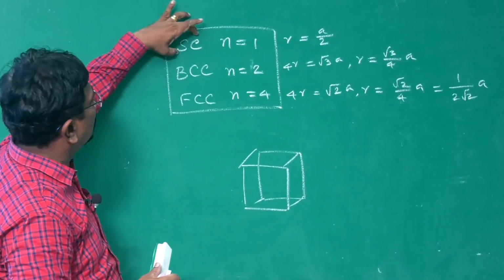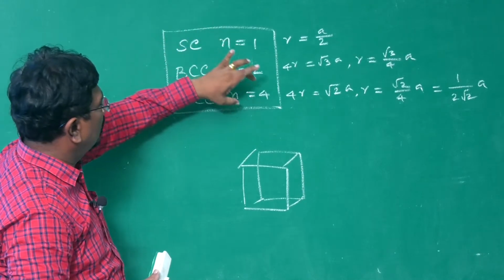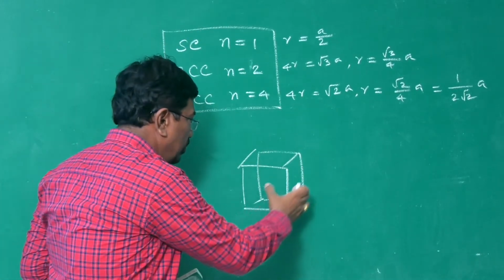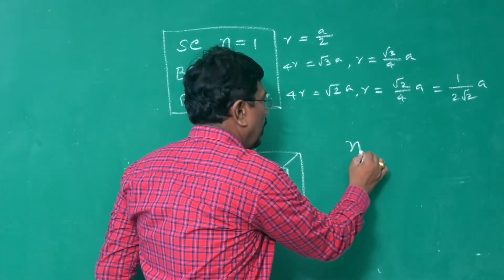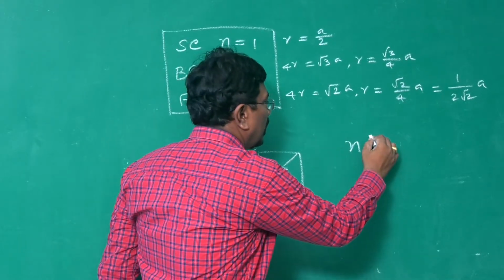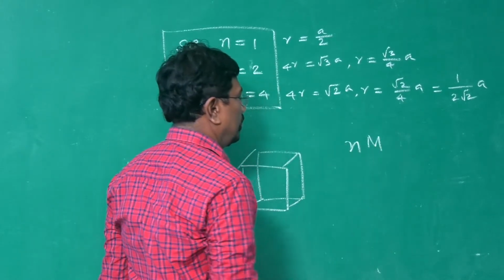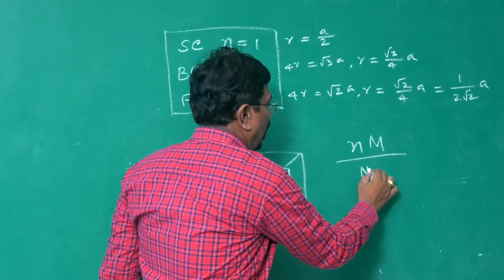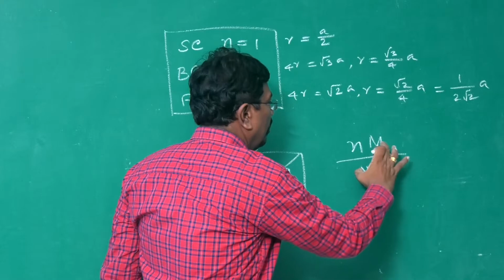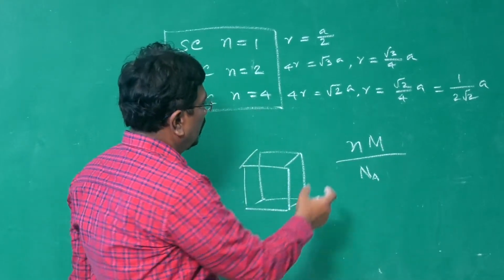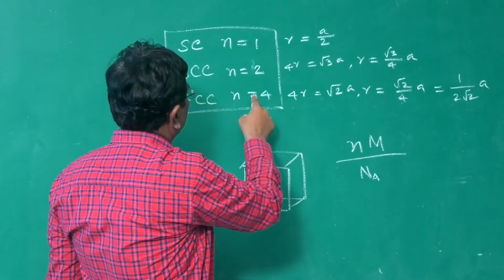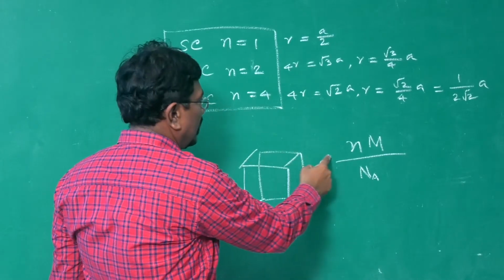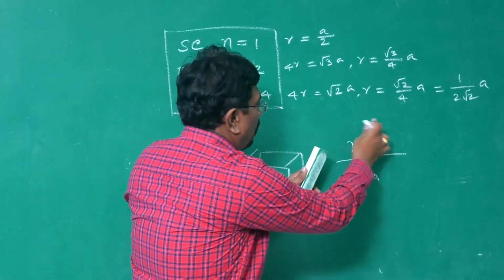How many atoms are present here? 1, here 2, here 4. So number of atoms multiplied by molecular mass of that atom divided by Avogadro number. Mass divided by Avogadro number gives the mass of one atom. It is multiplied by the number of atoms in different types of unit cells. That will give the total mass.